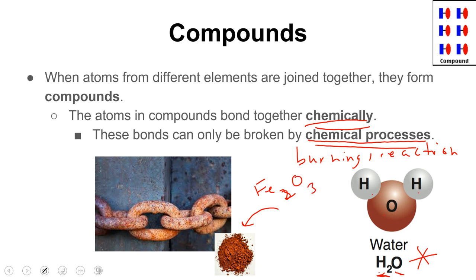We know things rust. It looks like it might be just changing the way that it looks, but really, if we look down at the atomic level, it is a chemical reaction in which oxygen is reacting with iron, causing it to rust. So there's a couple of compounds for us. It's just two or more elements that have a bond where they're attached together.